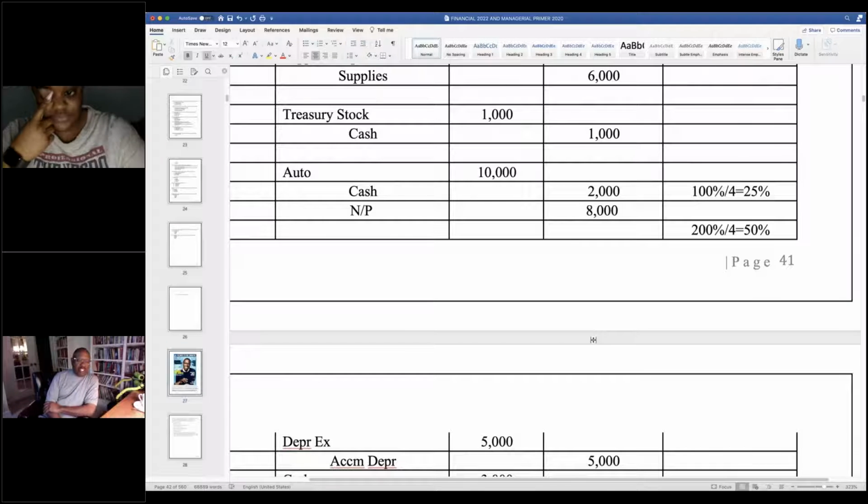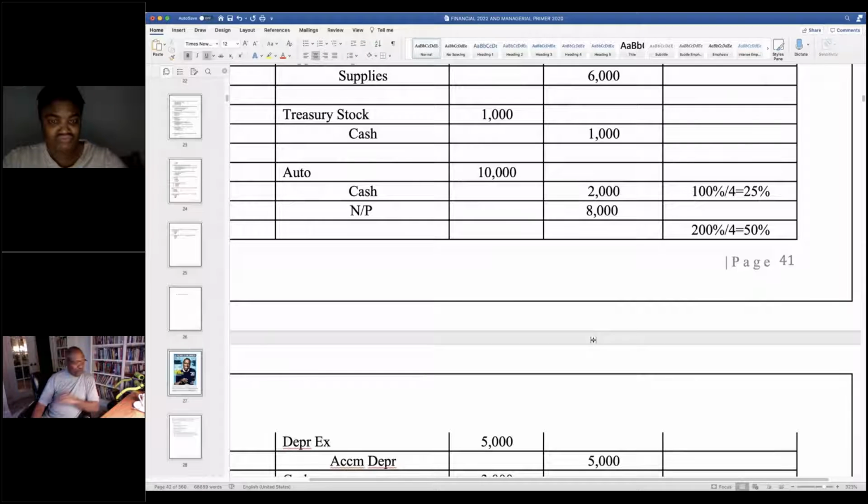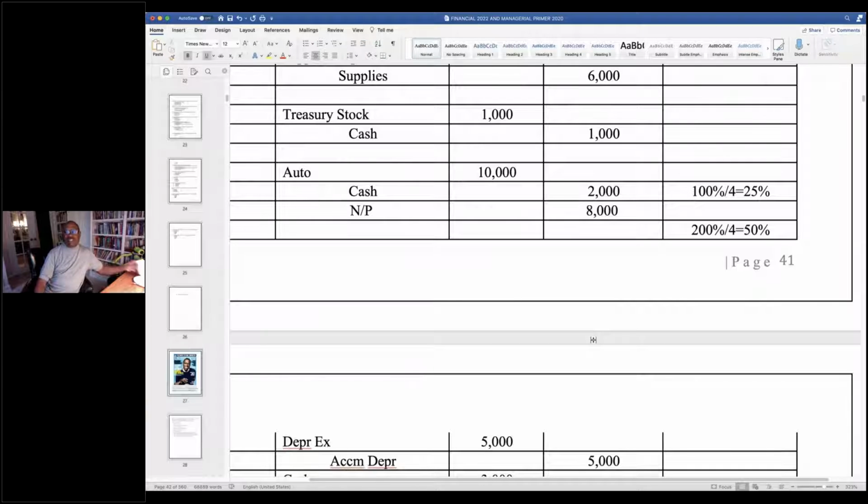Make the journal entry to show you sold your car. You ever sold a car before? So your business sold a car for $3,000. So we know we're going to do what? Debit cash for what? $3,000.